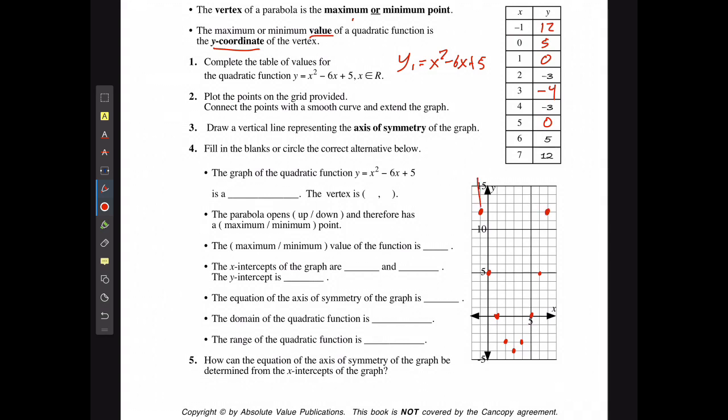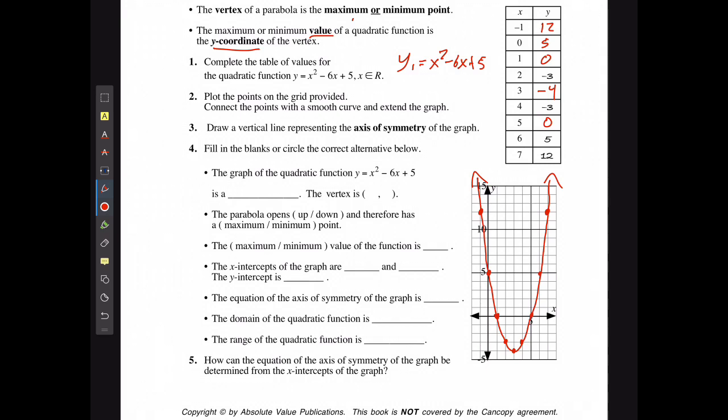I'm going to smoothly connect the points and extend it off, knowing that the graph is going to continue moving up and to the left and up and to the right.